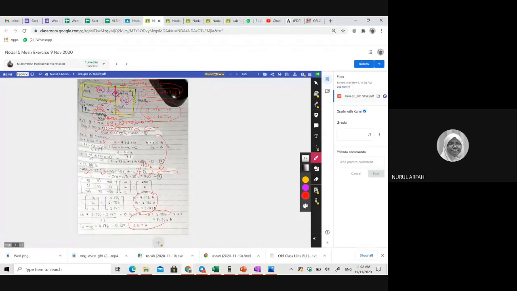And what else? Okay. Because sometimes if you give me this part like this, if this is correct, I will give marks on this one, and this one also. Any equation that is correct, then I will give marks on that.